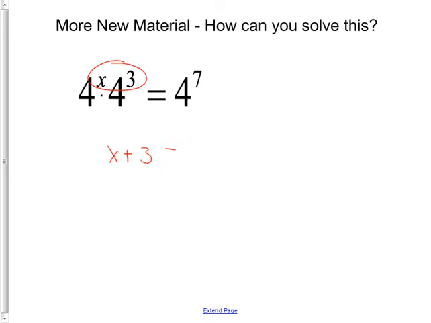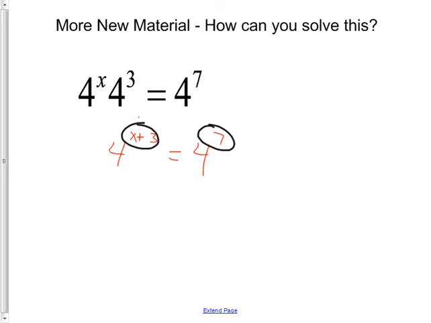X plus 3 equals 7. You get that? Because in this situation, we would not multiply the exponents. If I was going to put these together, I could add them. In fact, some people would start this problem this way. They'd say 4 to the x times 4 to the 3rd makes 4 to the x plus 3 equals 4 to the 7. You see how then it's maybe a little easier to just say that equals that? Make sense to you? Okay, moving on.